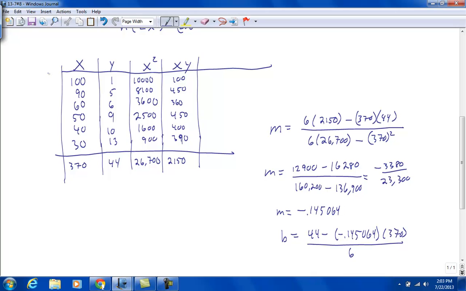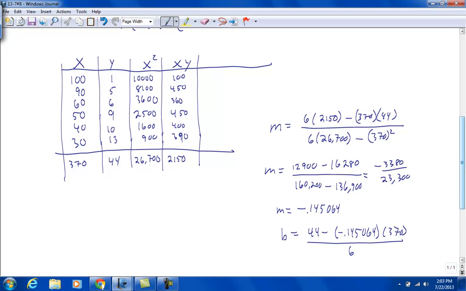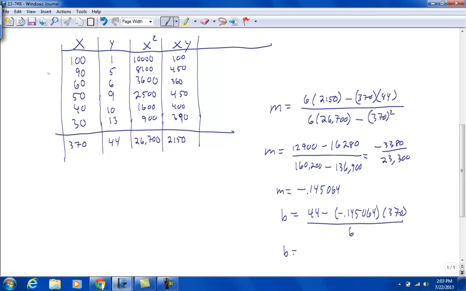That was a 6. So b equals 44 minus a negative 0.145064 times 370 divided by 6. And I get from that calculation 16.2789.